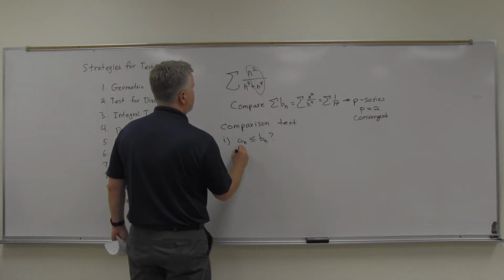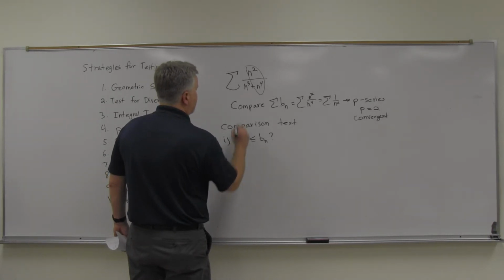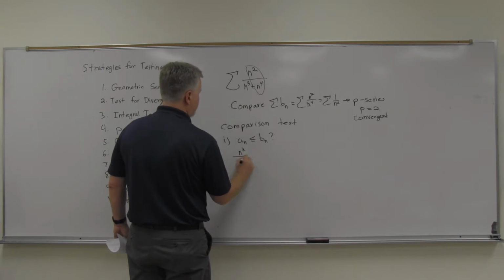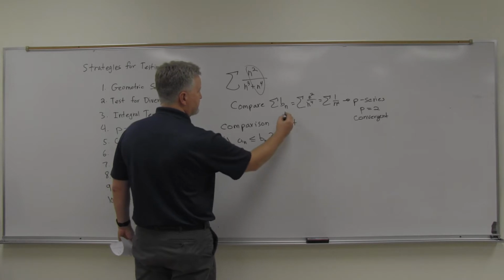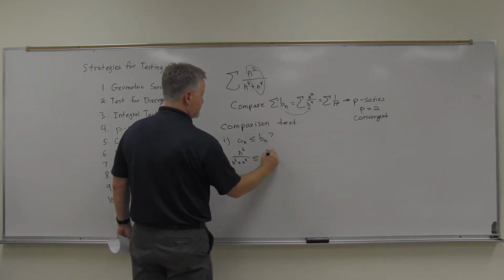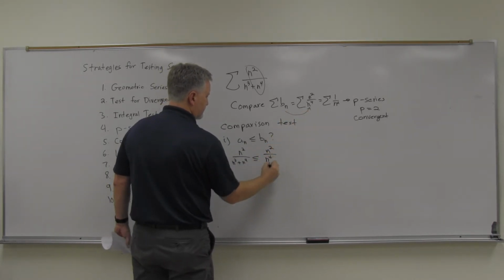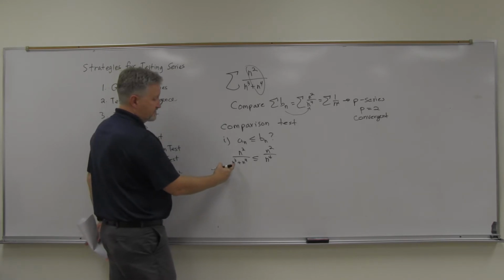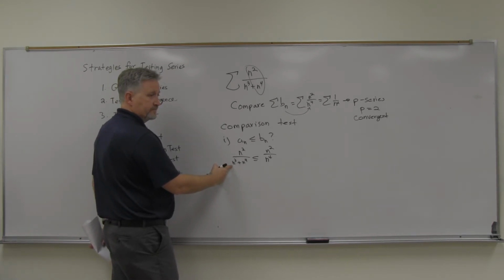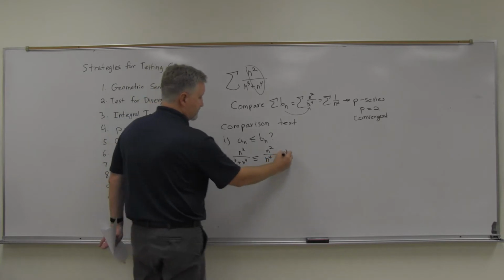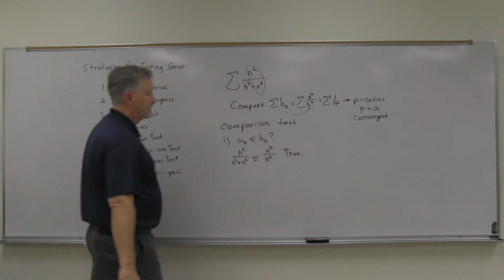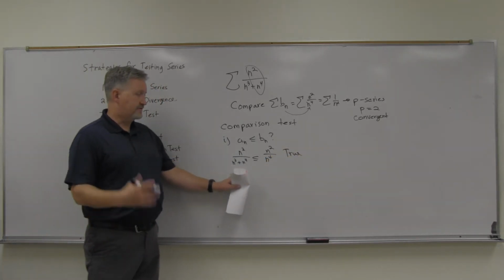And so A sub n is n squared over n cubed plus n to the fourth. Is that less than or equal to, and I'll use the B sub n for this because that'll be easier comparison. That's true, isn't it? Because I'm adding something here, so the denominator is larger over here on the left, so that would be true.